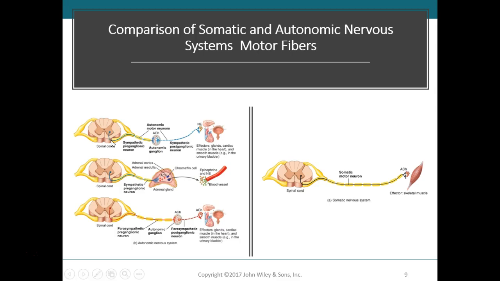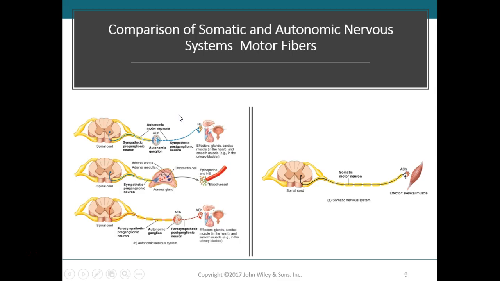So you have neuron number 1, axon comes out, and you have a ganglia that is an accumulation of cell bodies. Neuron number 1 comes in, it's going to release its neurotransmitter to the cells that are within that ganglia, and then neuron number 2, the postganglionic neuron after the ganglion, is going to be the one that goes out to the effectors.